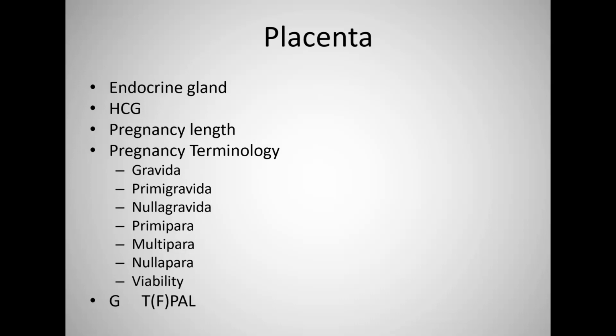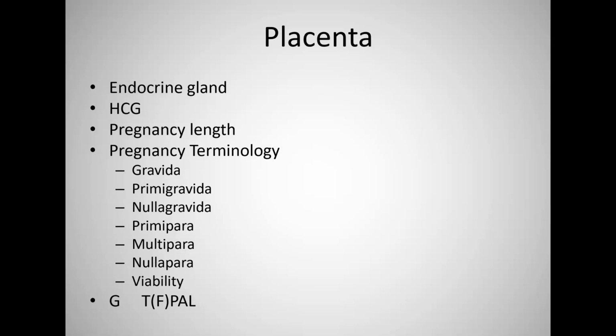That is the hormone they're looking for when you take a urine test to find out whether or not somebody is pregnant. They can tell by the amount of human chorionic gonadotropin; if it increases, then they know that a person is pregnant.